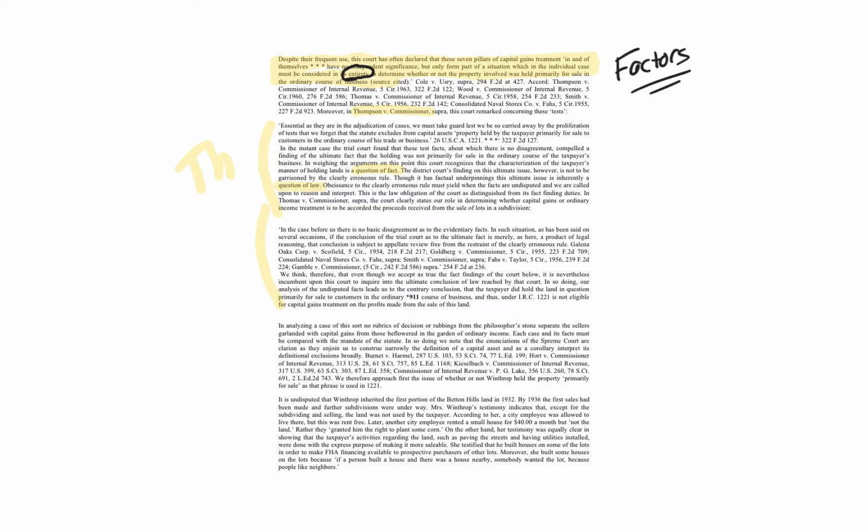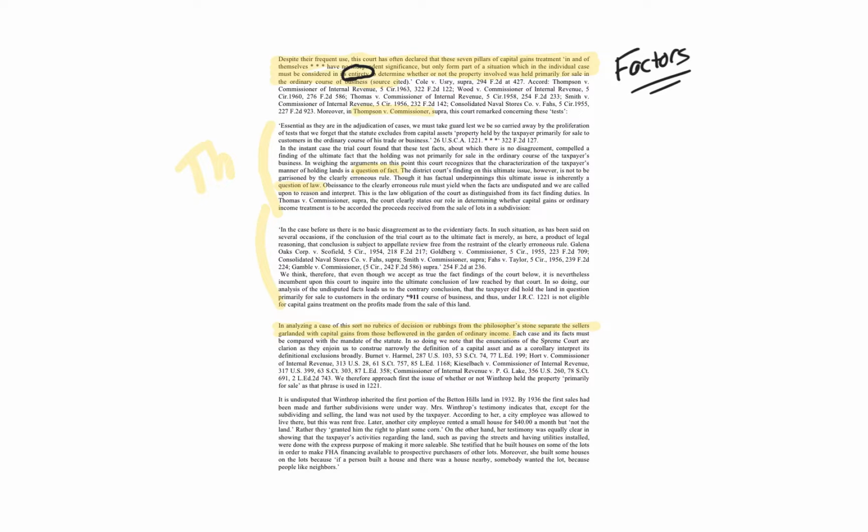Okay, let's go back to the Winthrop opinion, the actual judges of Winthrop. In analyzing a case of this sort, no rubrics of decision or rubbings from the philosopher's stone separate the sellers garlanded with capital gains from those beflowered in the garden of ordinary income. So again, you see this eloquent writing style that a lot of justices have, especially in the circuit courts and in the Supreme Court.